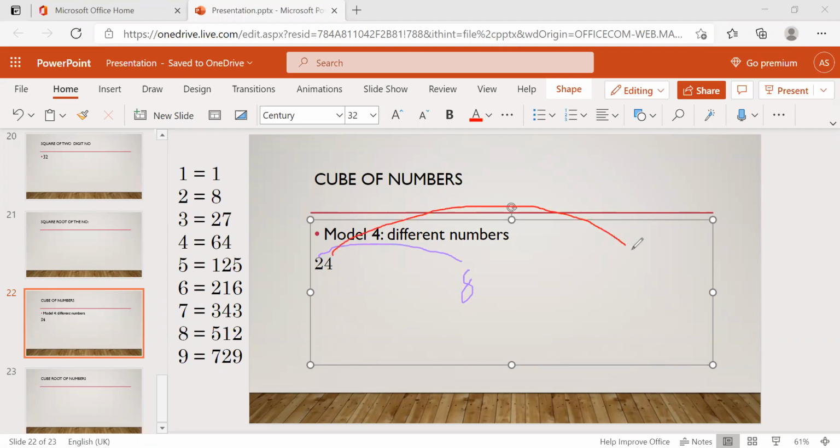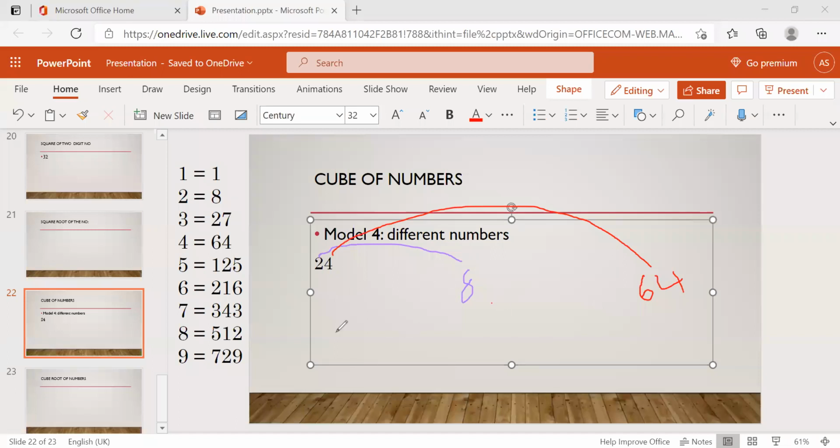Next 4 cube. It is somewhat difficult. Somewhat different and difficult. First step, one number cube is 8 and another number cube is 64. Sorry, cube of the 2 and cube of the 4.